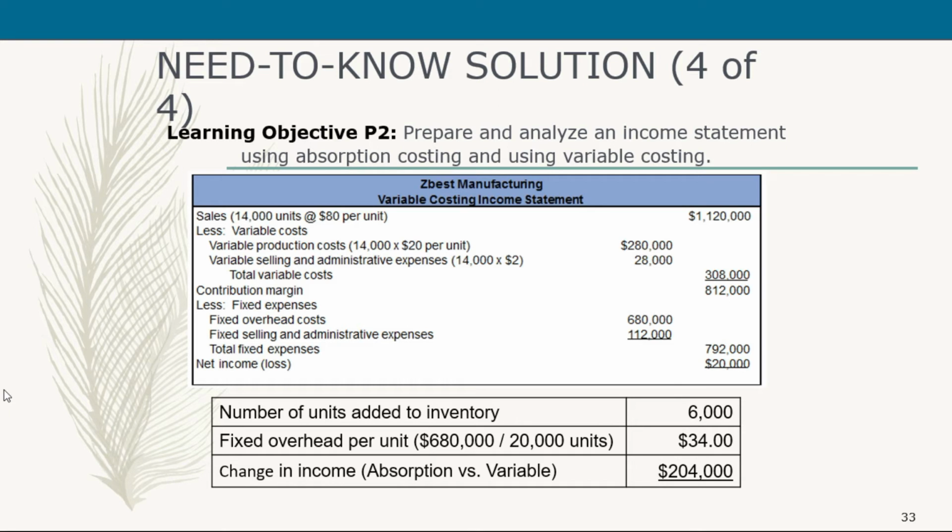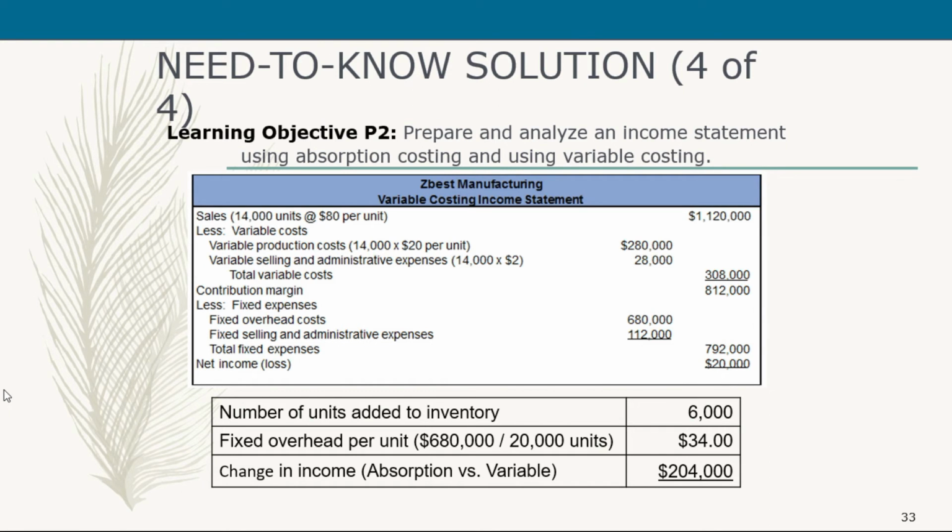Please do remember that the factors that will be considered in the difference of the net income between the two methods are your excess units in terms of units sold and produced, and your fixed overhead cost per unit. So that's where the difference is coming from.